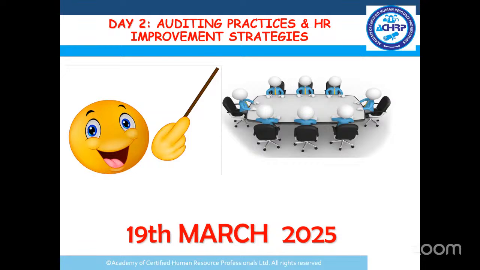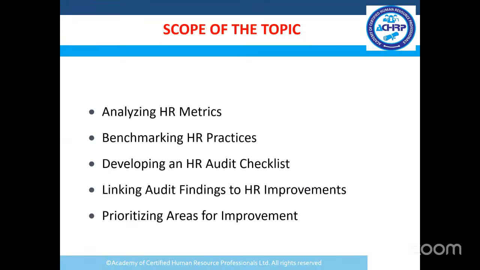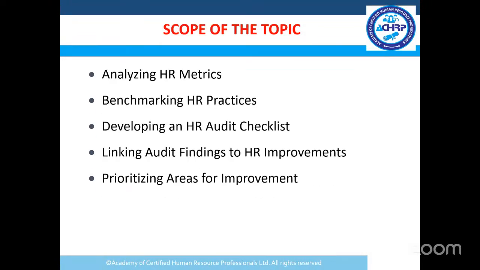So having said that, I want us to look at the content of our discussion today. There are 5 areas that we are going to look at in the HR practice and ways of improving our strategies. Number one is analyzing HR metrics.